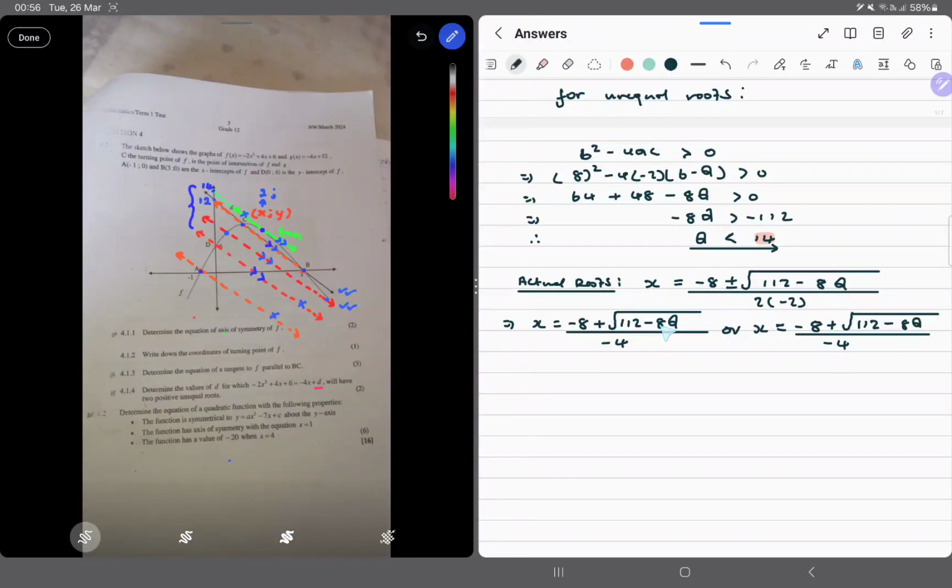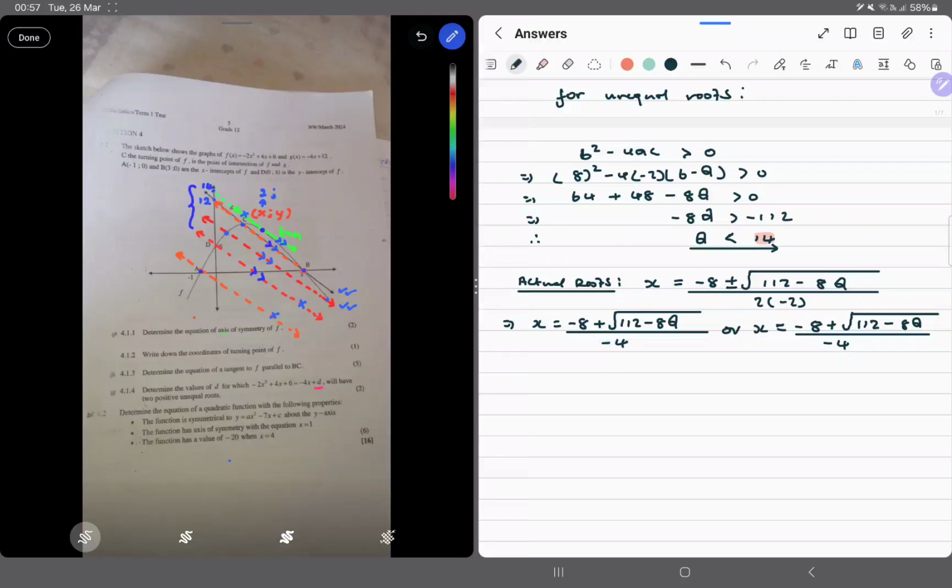So it's going to have 112 minus 8 into 12. So that's 16, right? Then the square root of 16 is 4, right? So minus 8 plus 4 gives us a negative number, right? A negative number divided by another negative number gives us a positive answer.